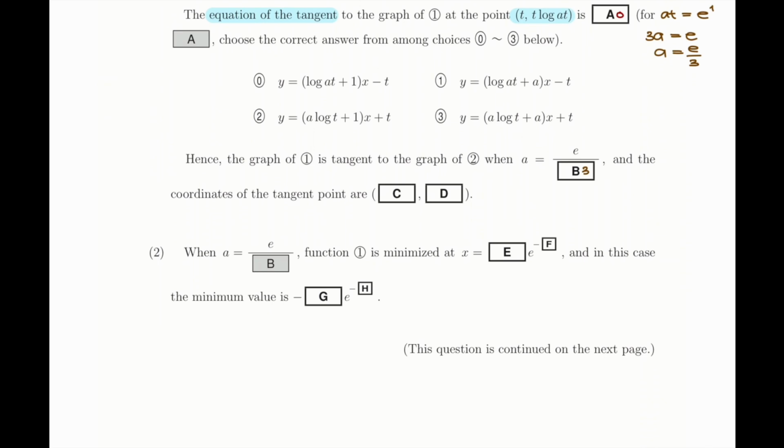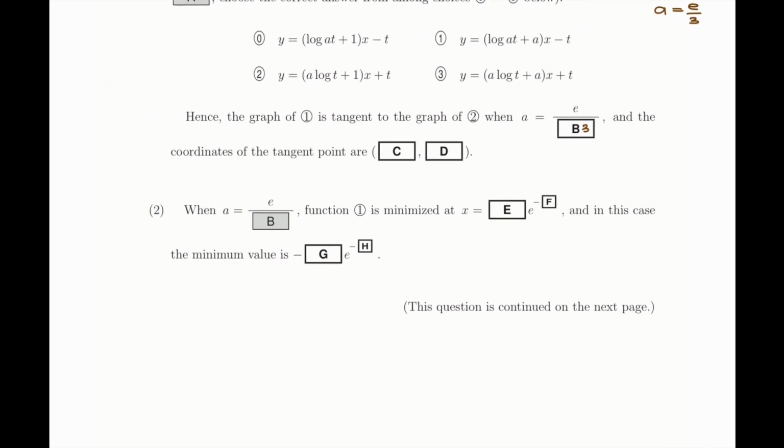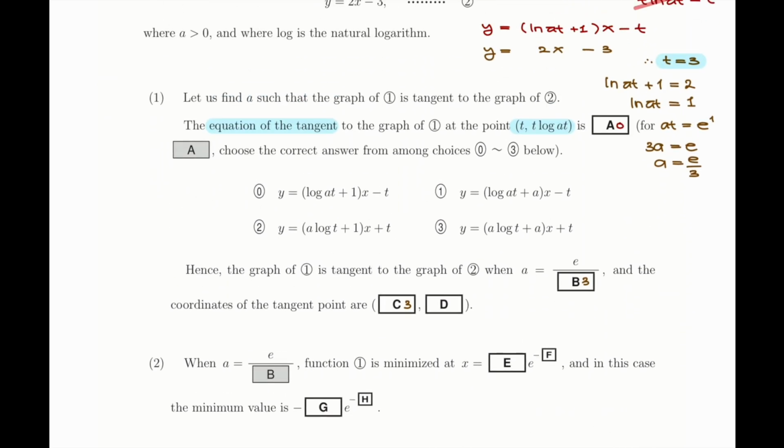And then the coordinates of the tangent point are c, d. What is the coordinate of the tangent point? The coordinate of the tangent point is t, t ln AT. We already obtained t, which is 3. So I already know that c is 3. And then for d is t ln AT. Just substitute t and a into this expression, so we will get d.